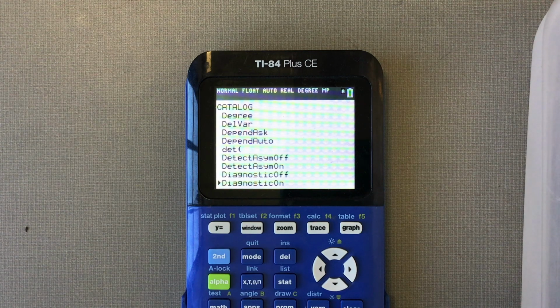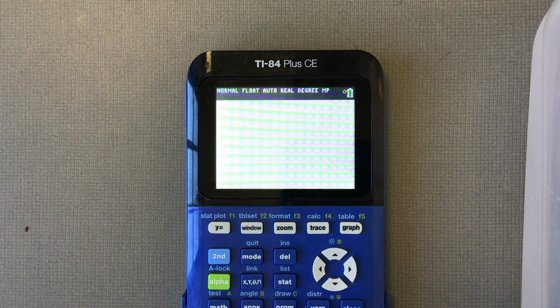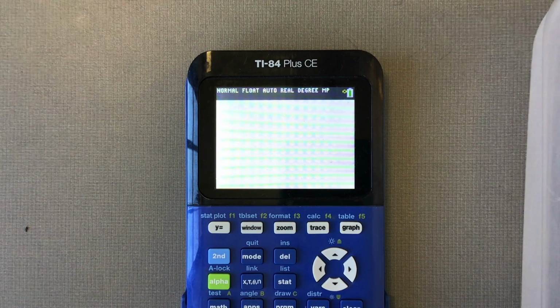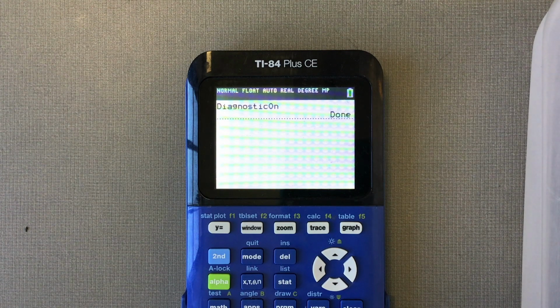So anyways, we can see there's a couple of diagnostic options, off and on. Currently, since my R is not showing, it is off. So I would like to turn it on. Make sure your arrow is pointing towards diagnostic on and press enter. It'll take you back to the home screen and we need to press enter again to make that command actually go through. You'll know it because it says done.